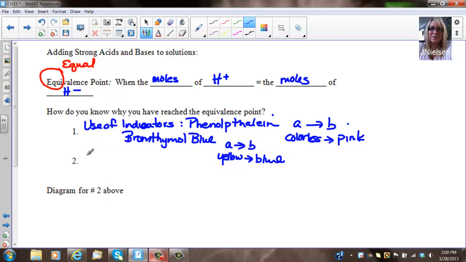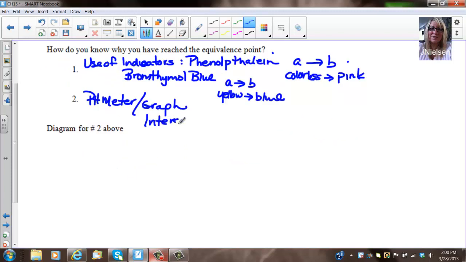And the other way is using a pH meter and graphing it. The intersection of the steep slant is the equivalence point.